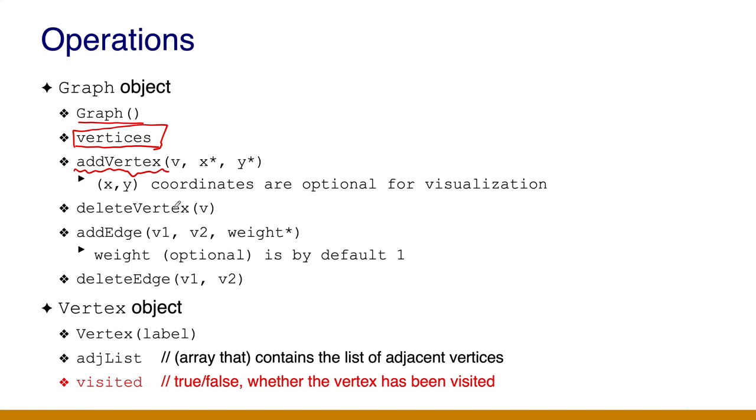This vertex list is essentially a list that contains all the vertices contained within the graph data structure. You can add more and more vertices, and you can delete a vertex as well. After you insert the vertices into the graph, you can also specify the edges between multiple pairs of vertices by using the add edge method. The weight parameter, when we add the edge, is optional.